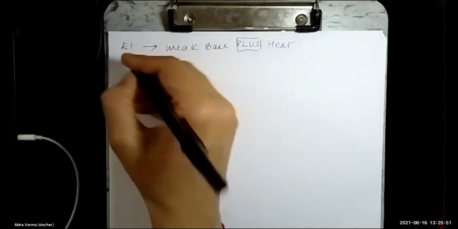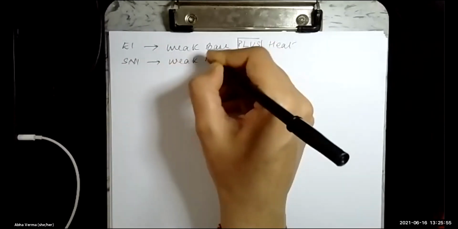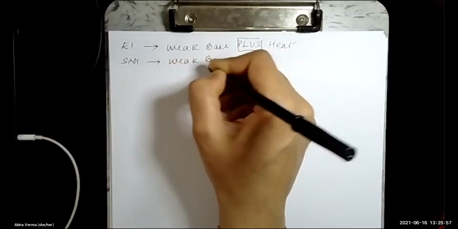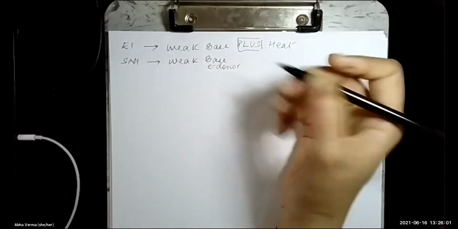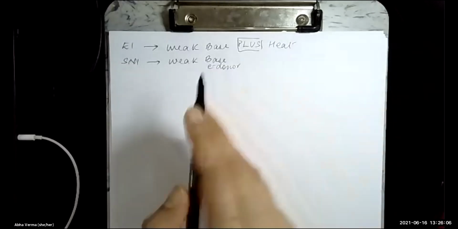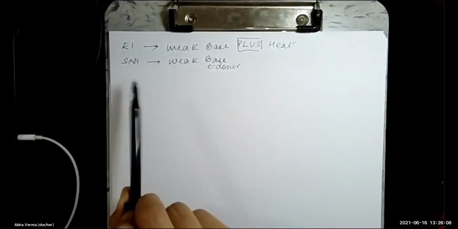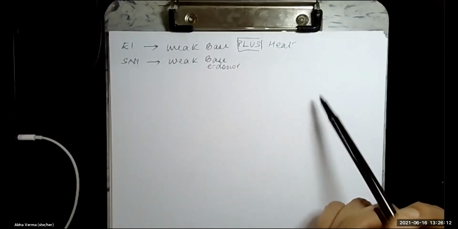If you just have a weak base or a weak electron donor, then you will have SN1. So the competition between SN1 and E1 is solved by the heat.